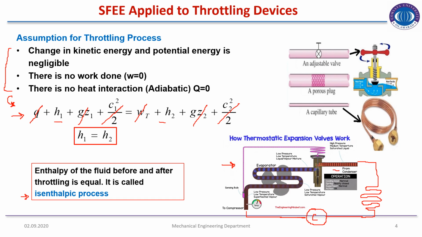It is mentioned that a hot fluid that has high pressure is coming from the condenser. The temperature will be moderate, and high pressure fluid is coming from the condenser. I will write it condenser.